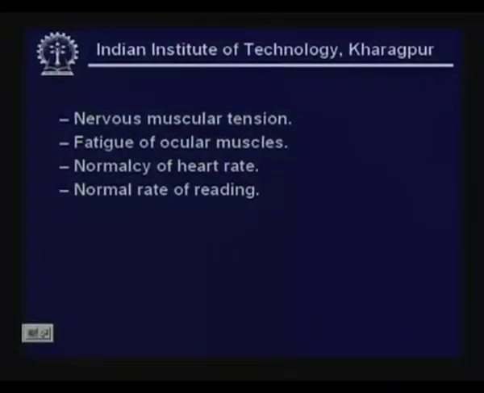Normalcy of heart rate is important, and obviously we have a certain rate of reading. In fact, some of us read very fast, some of us read very slow, but there is an average rate of reading which we could call the normal rate of reading, based on the font size of the text that is written.